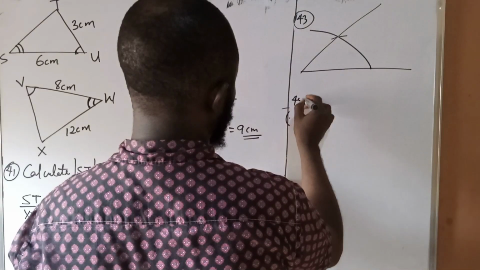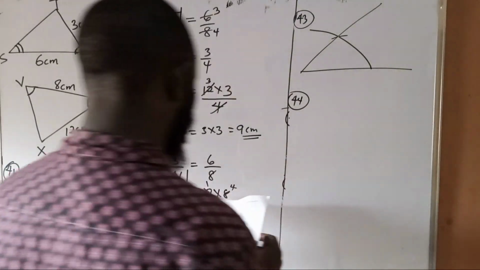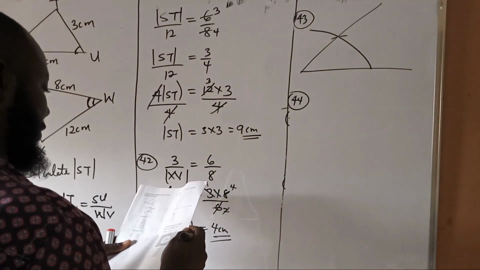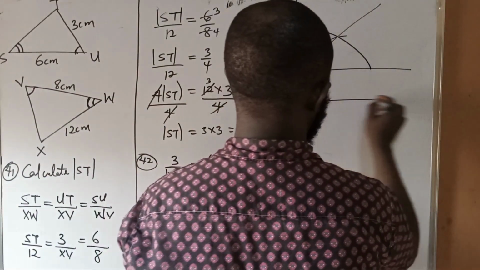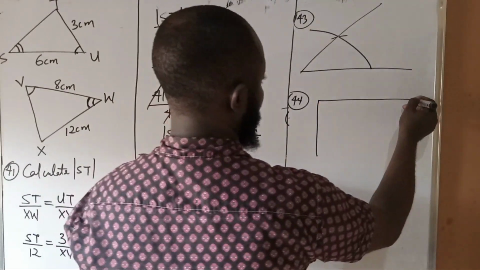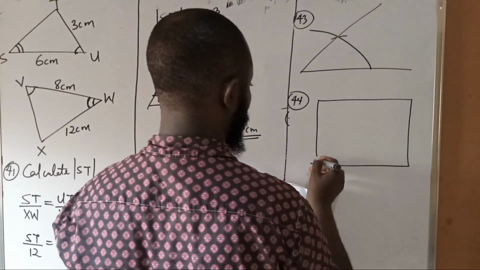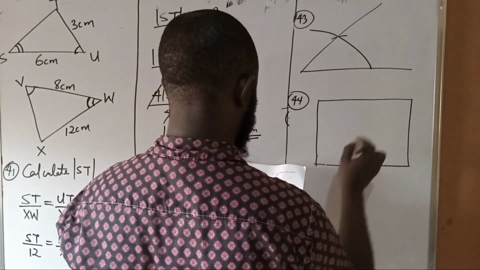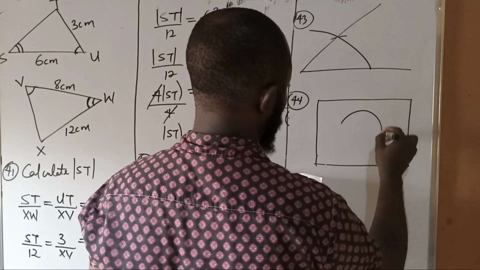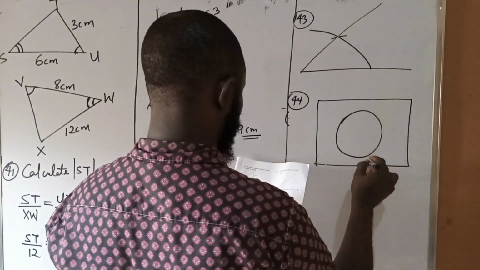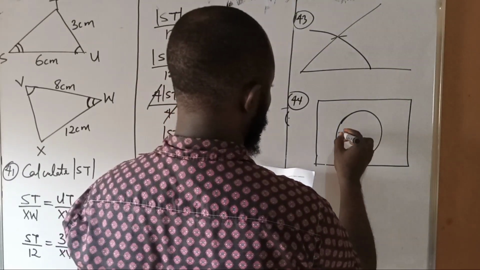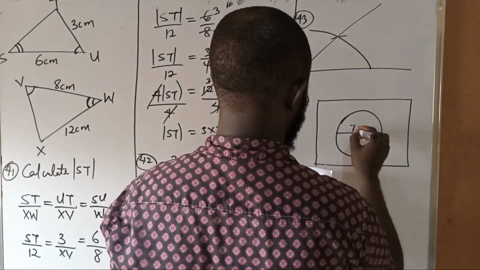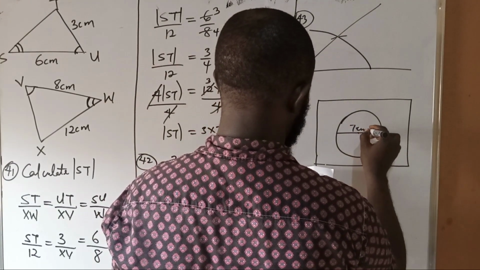This is straightforward. Question 44. Calculate the area of the shaded region in the figure below. We have this, and we then have a circle embedded inside this. The circle is of diameter 7 centimeters.